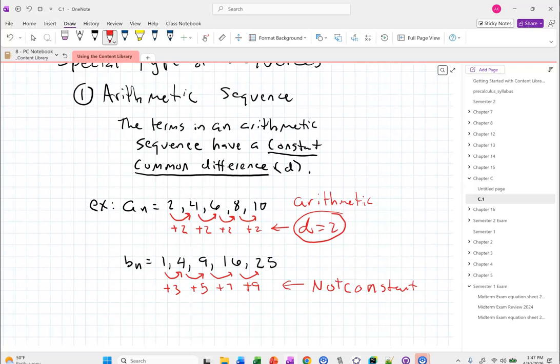It's not constant, right? It's a different number we're adding each time. Even though there's a pattern, if it's not constant, it's not an arithmetic sequence. This would actually be like a quadratic sequence. You might recognize those numbers as all perfect squares. So the explicit formula would be a sub n equals n squared.